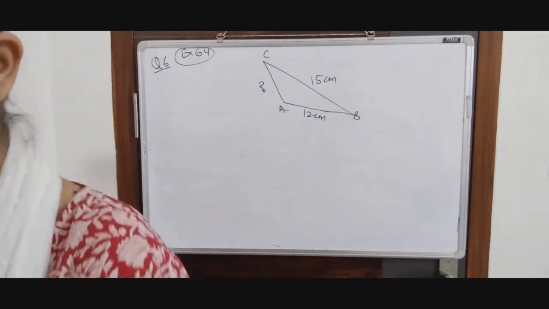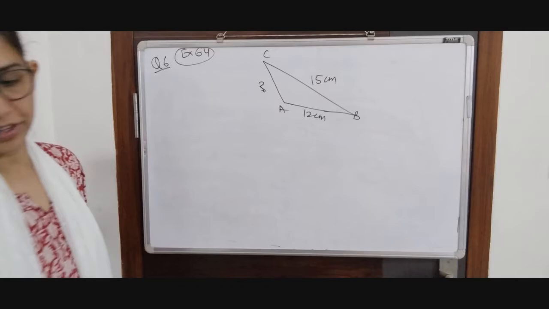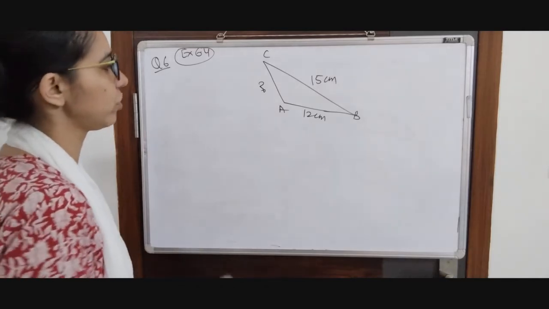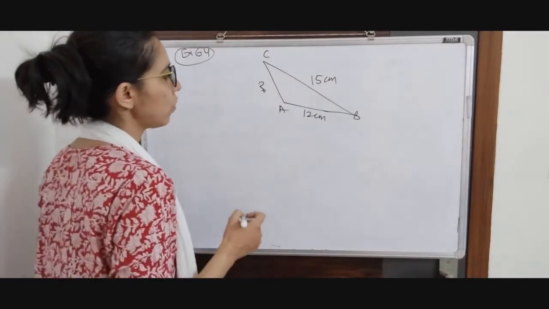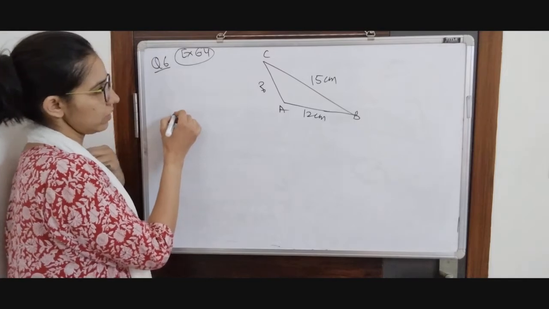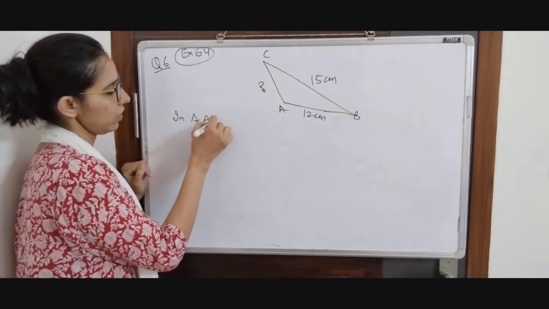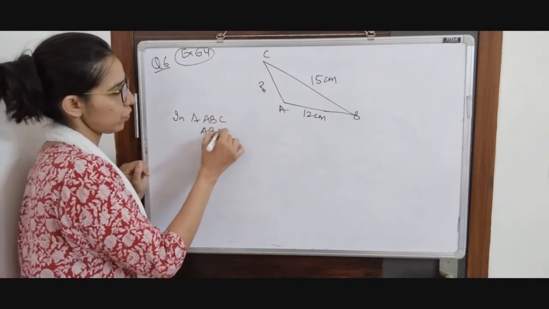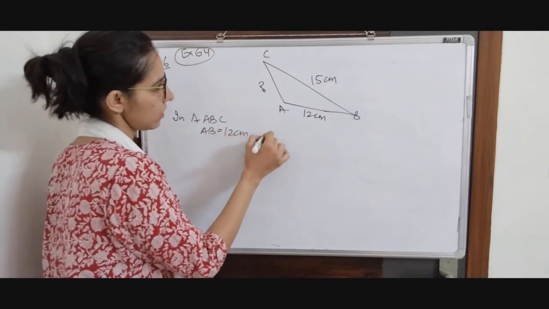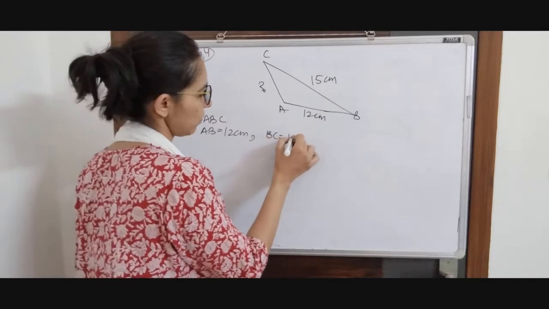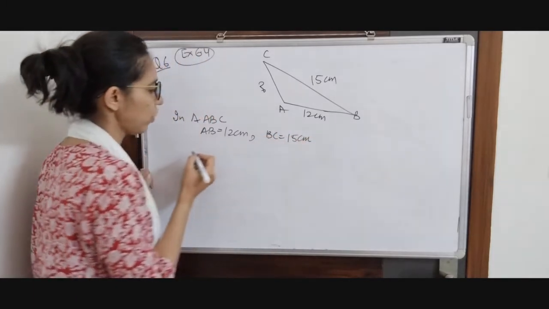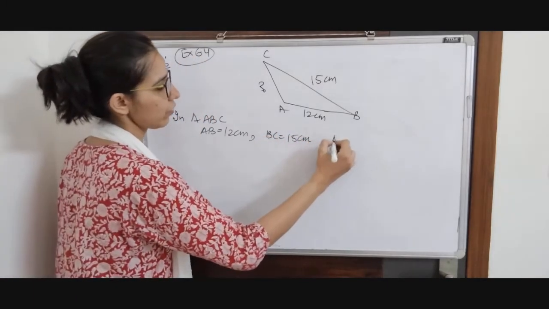In fact, you tell the range between which this length is going to fall. So in triangle ABC, your AB is 12 centimeter and your BC is 15 centimeter. So you have to find out your AC.